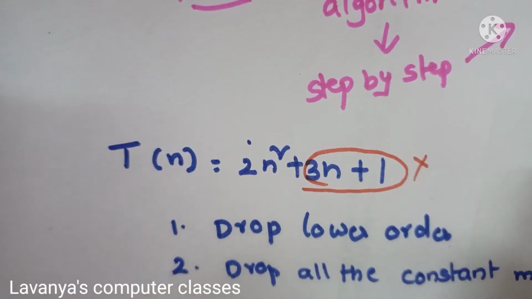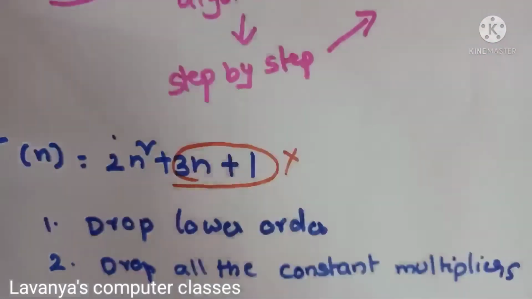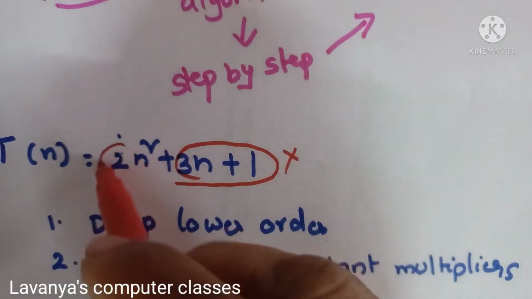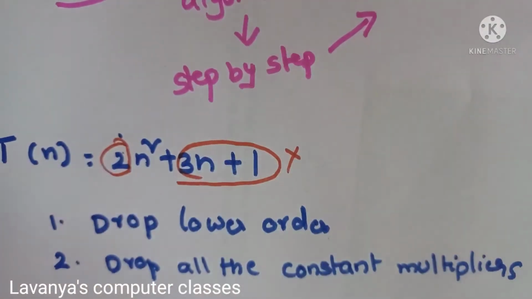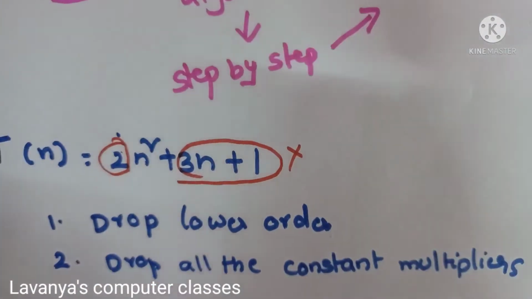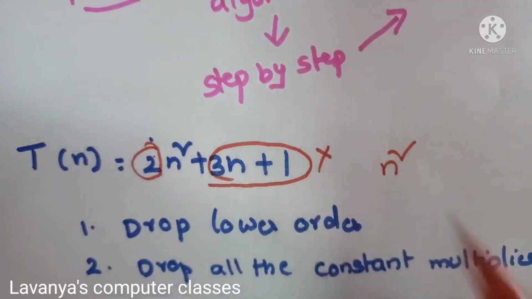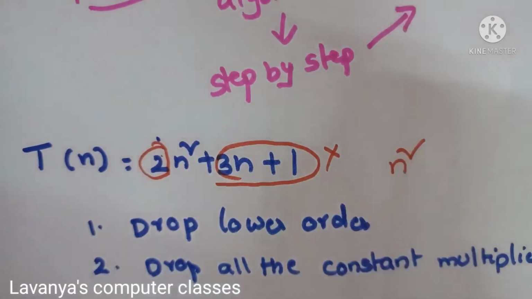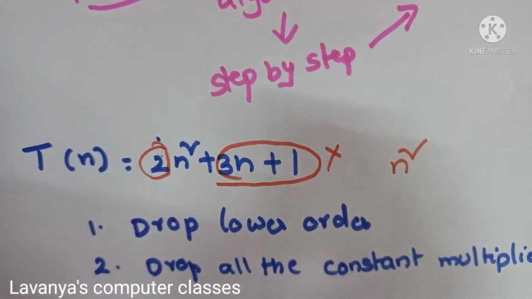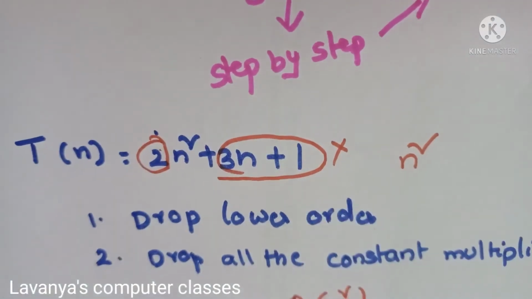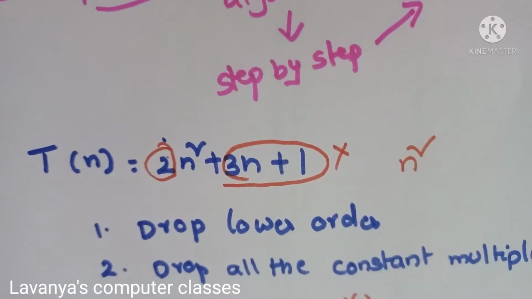So removing that one also. Which term is left after removing the two cases? Only n square is there. So for executing this line, the time complexity we need is big O of n square. So that is the time complexity of this line, big O of n square.